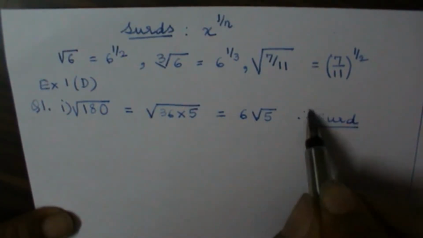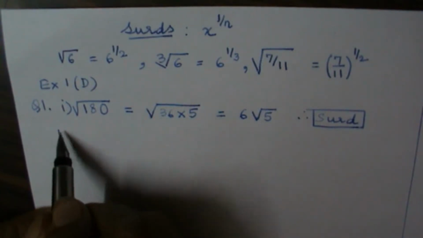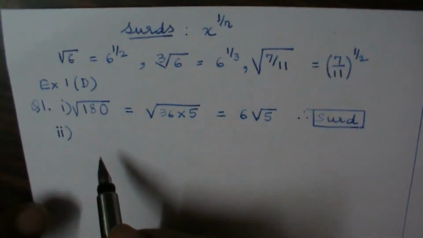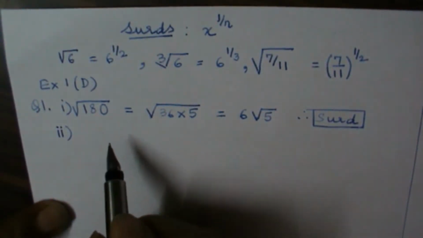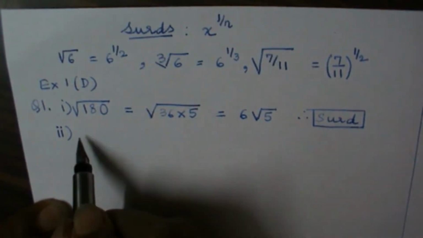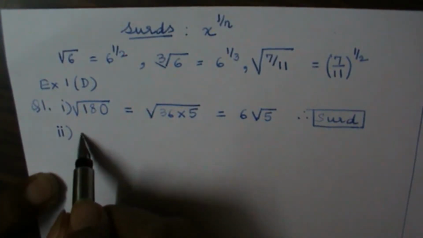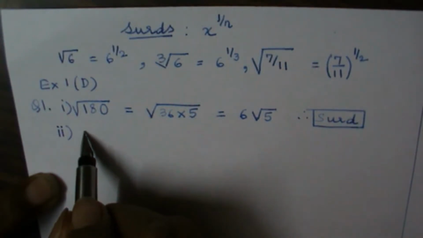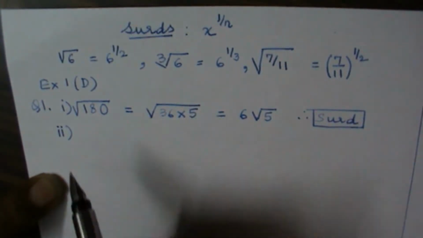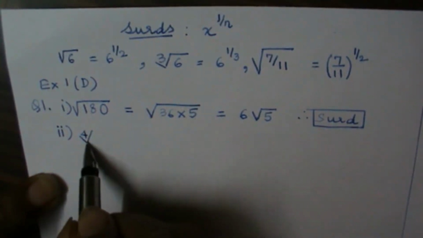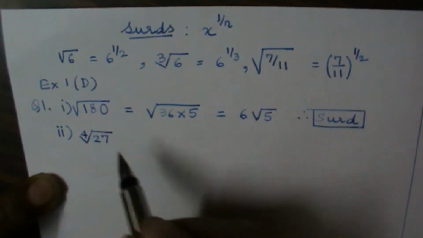This is my answer. Let us look at a few other questions. Look at your second one, which is 4th root of 27.